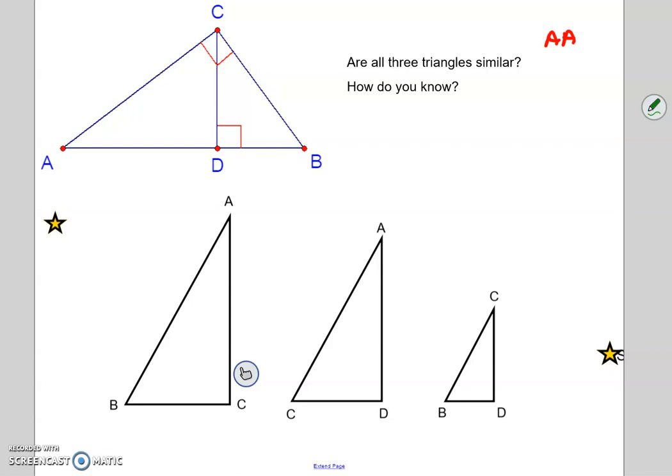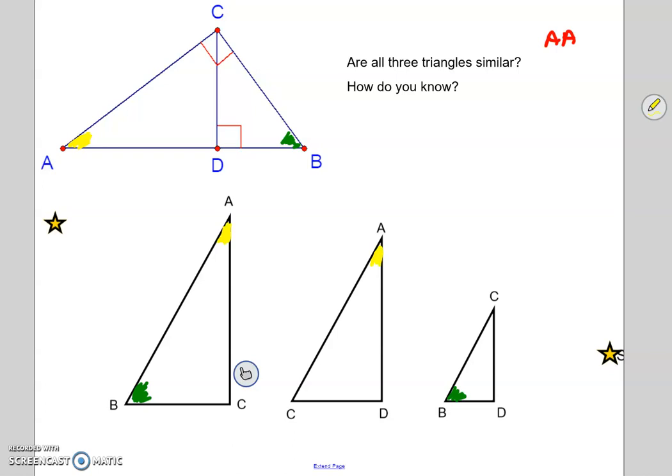Okay, so if I look at angle B, that's angle B in this large triangle. It's also angle B in the small triangle. So those two I can say are the same. If I look at angle A in the large triangle, it is the same as angle A in the medium triangle.